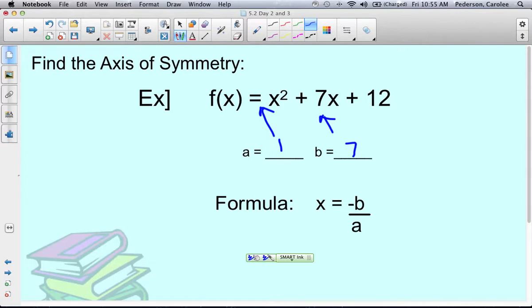The formula says you take negative B over 2A. So negative B over A. That should have a 2 there.